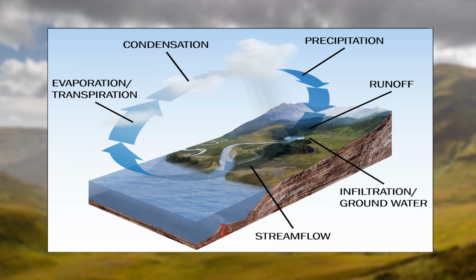These include the relief and slope of the land, the nature and depth of the soils, vegetation cover, drainage density and pattern, and the characteristics of the underlying geological formation. Because these factors vary from one basin to another, each drainage basin responds differently to rainfall.